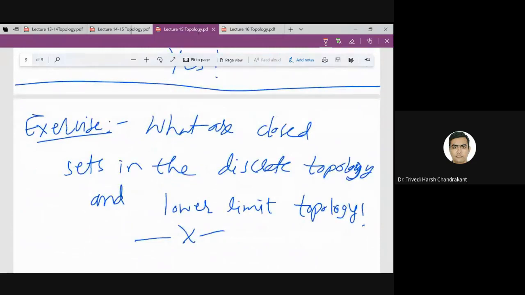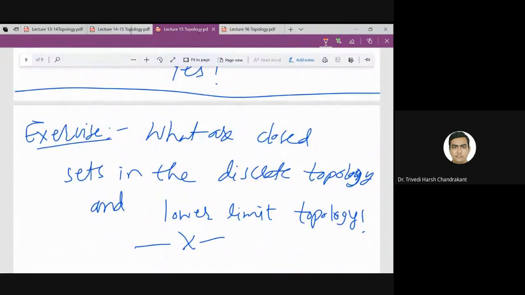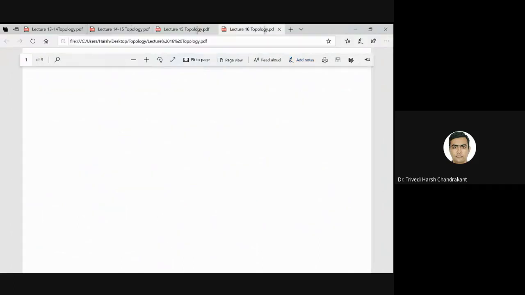So the question which at the end I have given is, what are the closed sets in the discrete topology and lower limit topology? Has anyone tried this question?